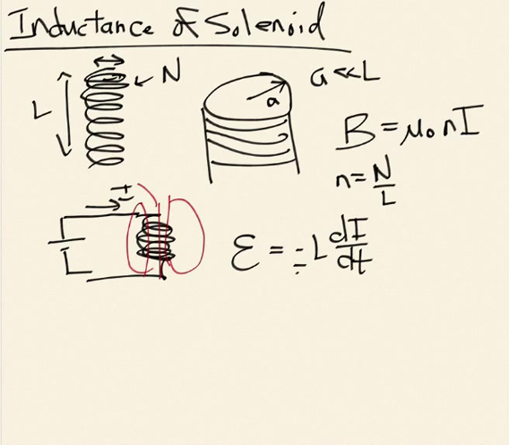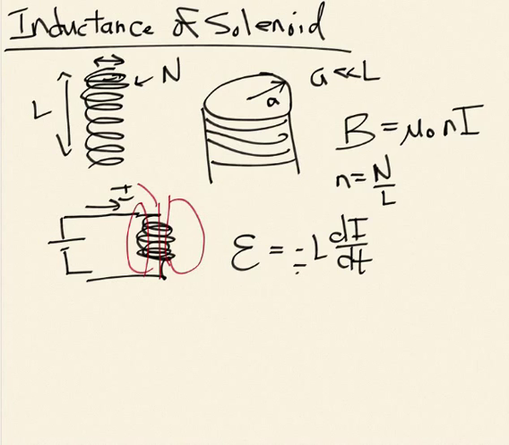The minus comes from Lenz's law. Basically, the EMF will try to oppose the changes, and because the changes are associated with the current actually flowing in the coil, it's a little easier to figure out the direction of the EMF. It's always going to oppose the changes in the current, so it's going to try to drive a current to oppose the changes in the existing current.